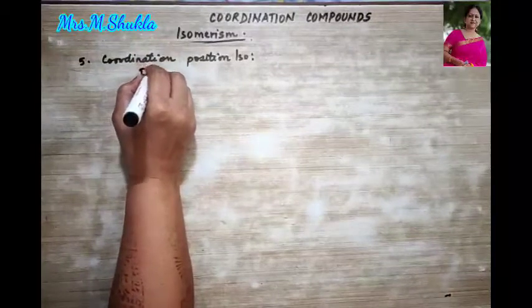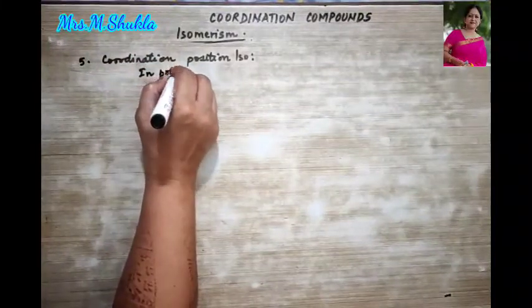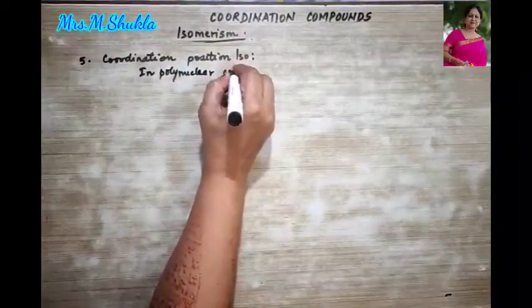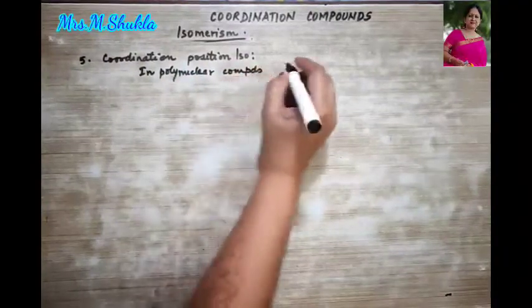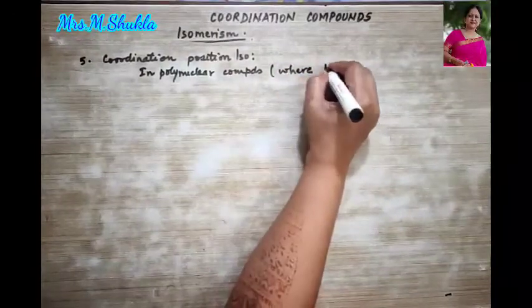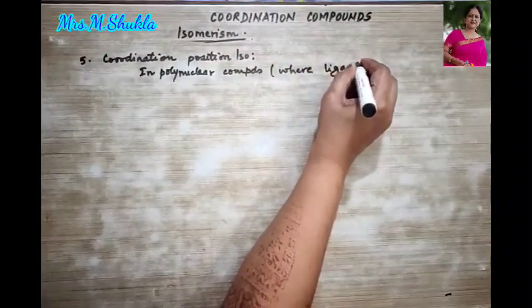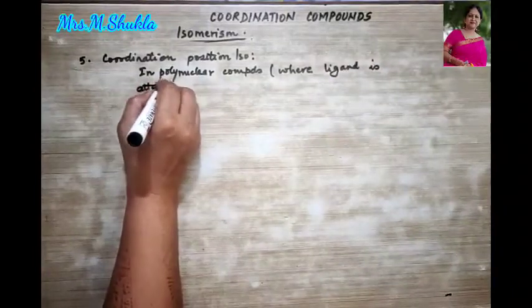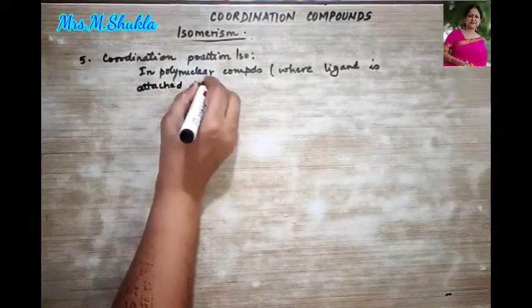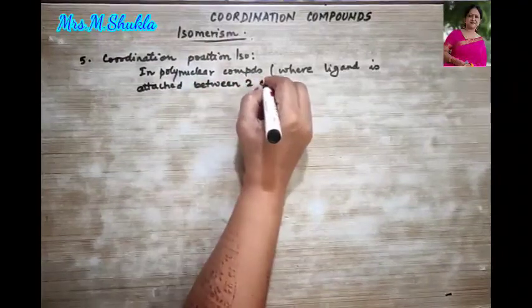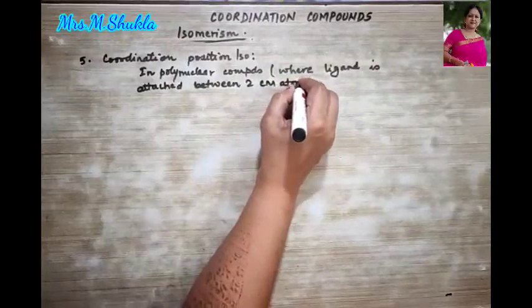So I mention over here, in polynuclear compounds, where, what are polynuclear compounds? Where ligand is attached between two central metal atoms.